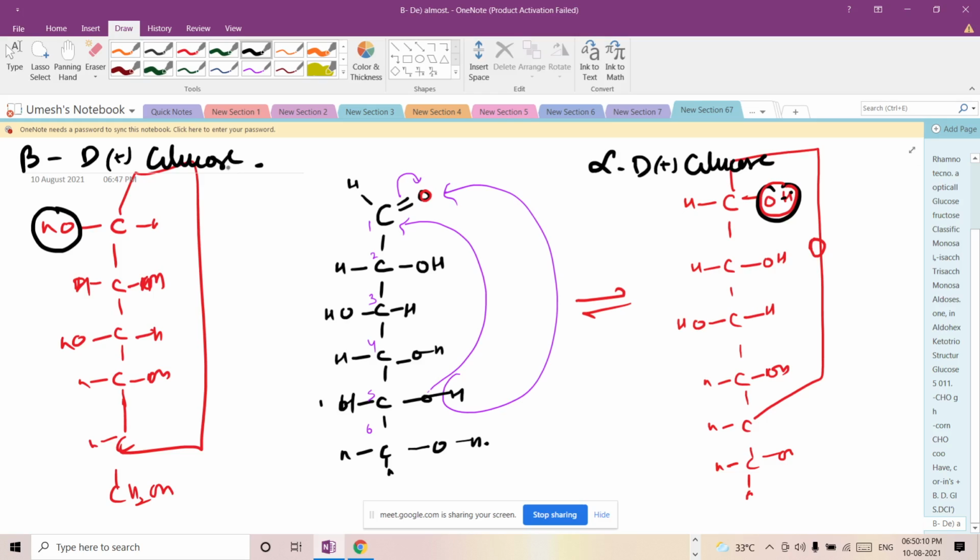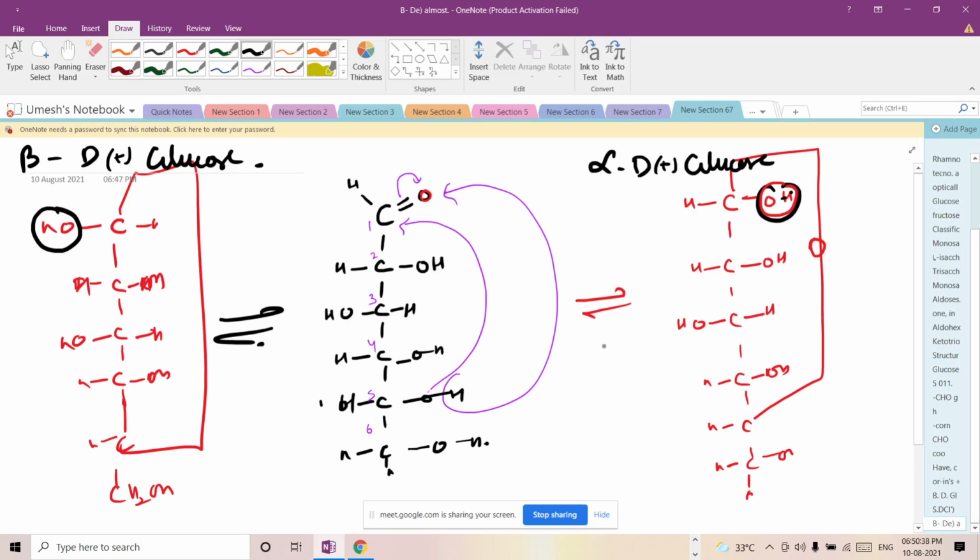Alpha D glucose and beta D glucose. Understood now? Now I have two forms and these are all interconvertible into each other. Right?